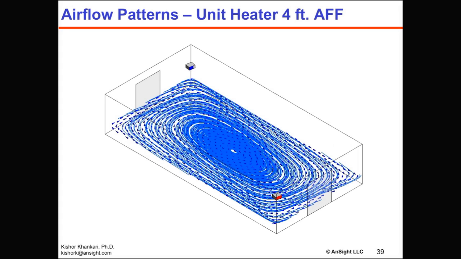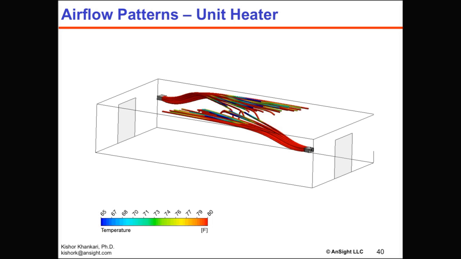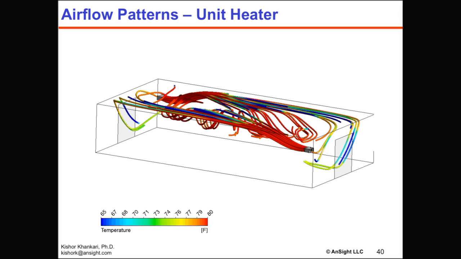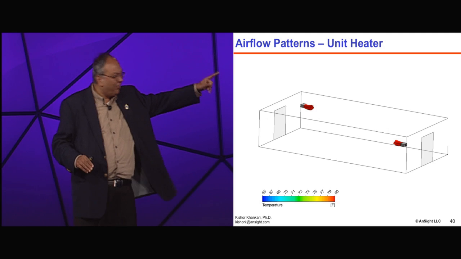Well, with the unit heaters, of course the air moves, but it creates a huge tornado there. You see that? The eye of the tornado is right in the center of the room. Please don't take my word for it: hot air goes up. As the hot air comes out from the heater, no matter what angle you put it at, it's first going to go up, and that's what you see here.